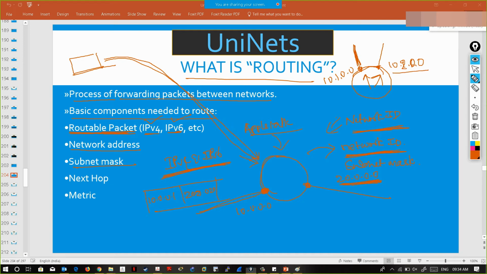Now it needs its subnet mask, until and unless it cannot differentiate between them.